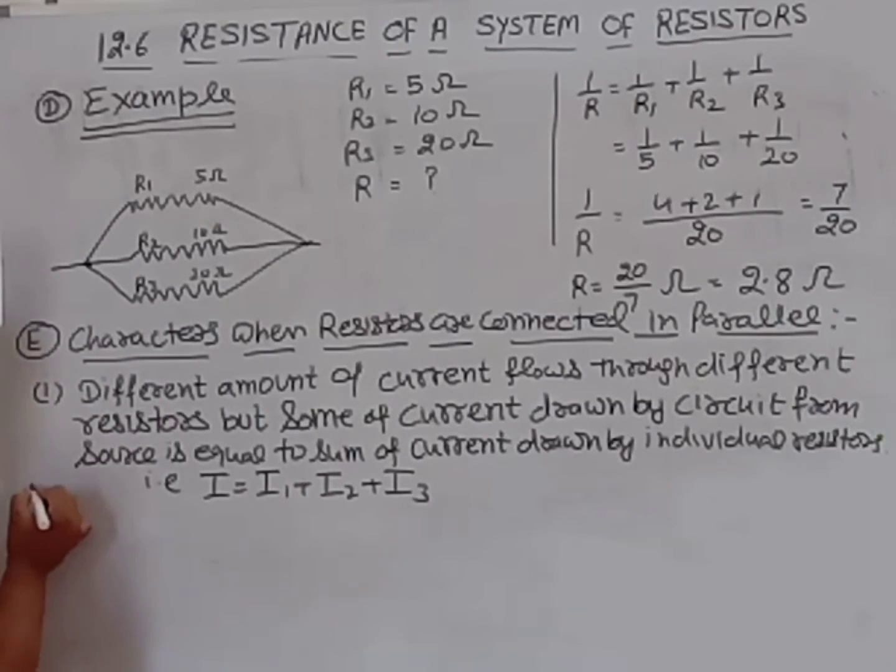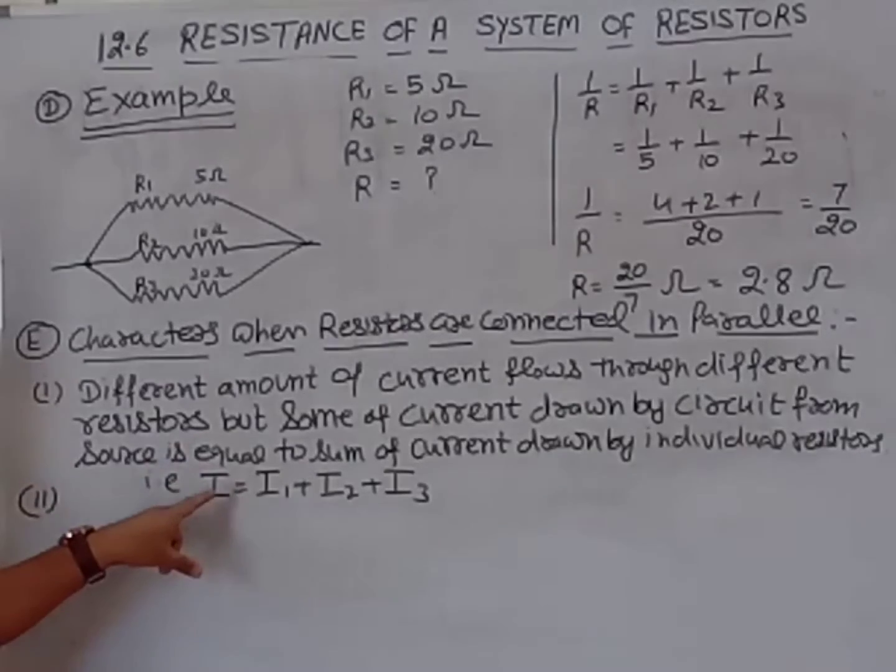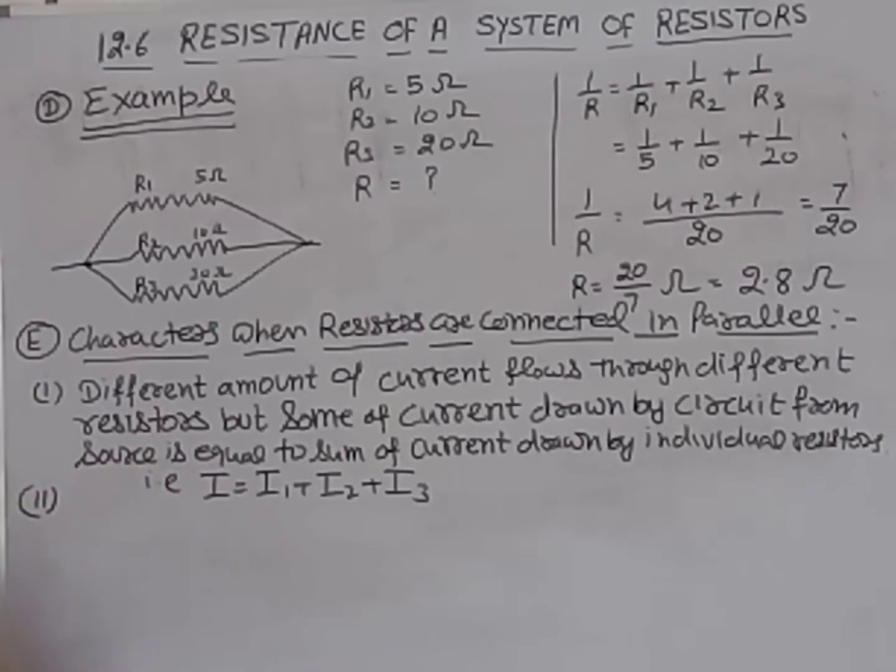And the second point is the same potential difference across the ends of each resistor.